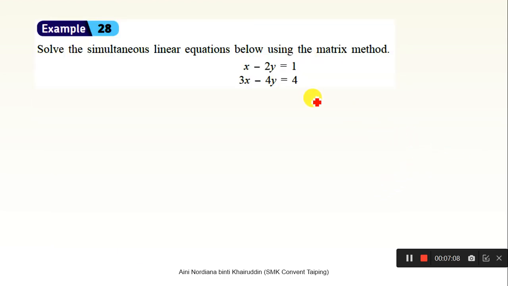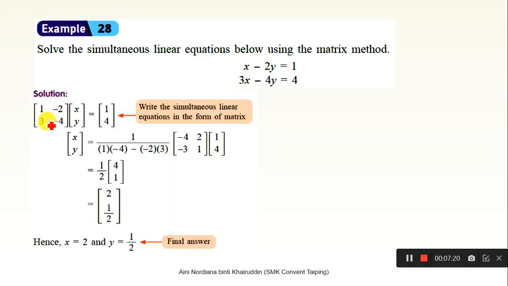Now next, solve the simultaneous linear equation below using the matrix method. First, substitute the values of a, b, c, and d into the first matrix, which we call matrix A. This is X equals, this is B. B is the values of p and q just now.